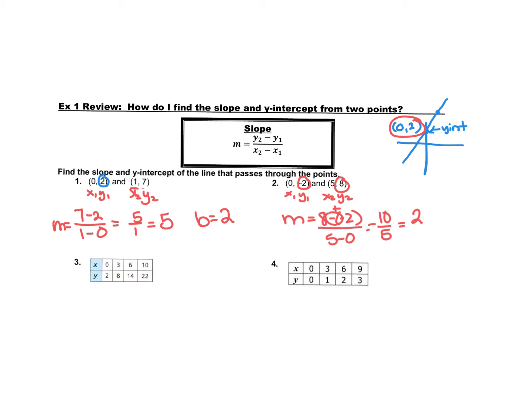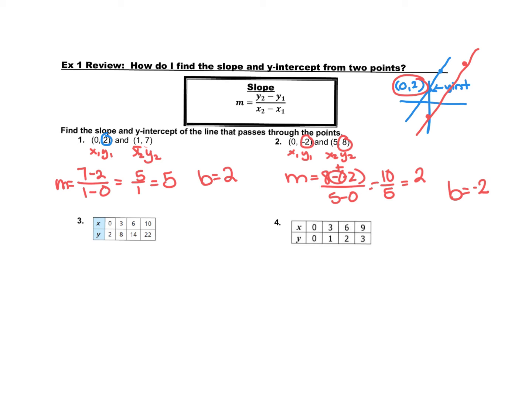And then our y-intercept: if I were to plot these points on that line, I would have the 0, negative 2 down here, and then my 5, 8 somewhere up in here, and this line would come through like this. So my y-intercept is negative 2, because when my x is 0, b is going to be equal to negative 2.